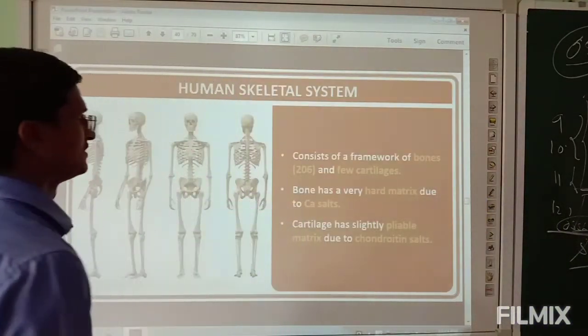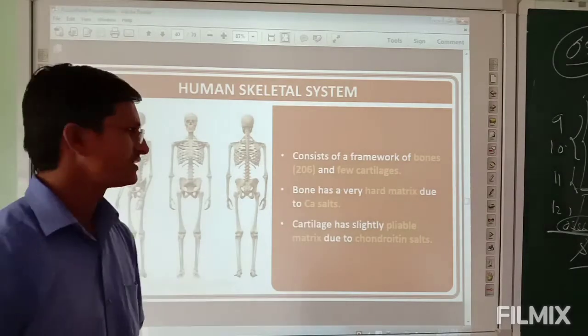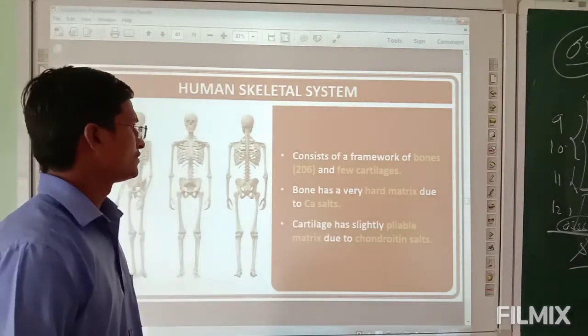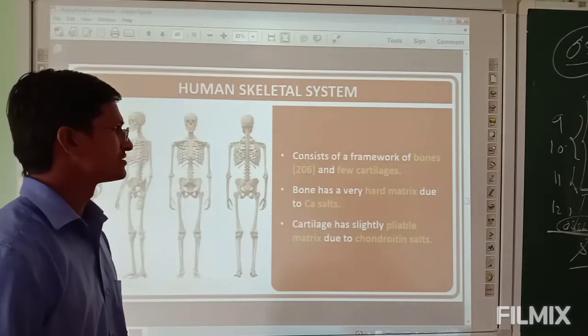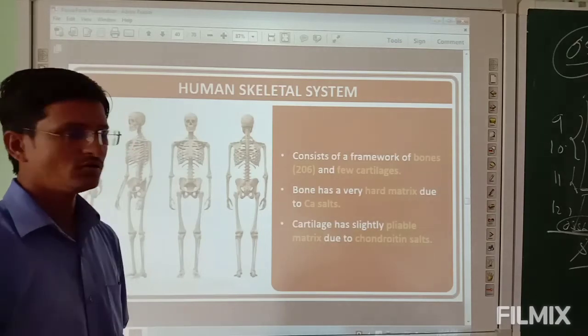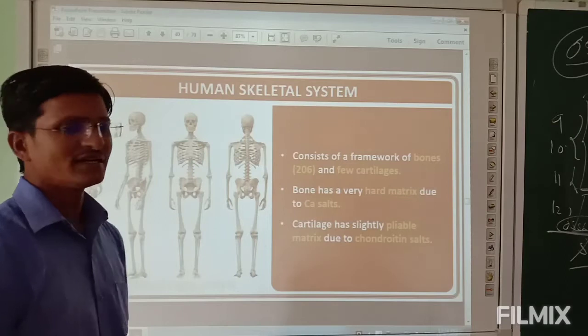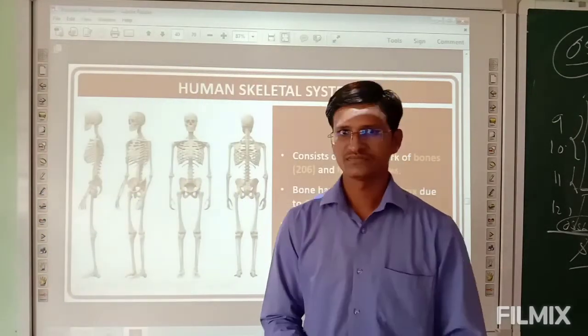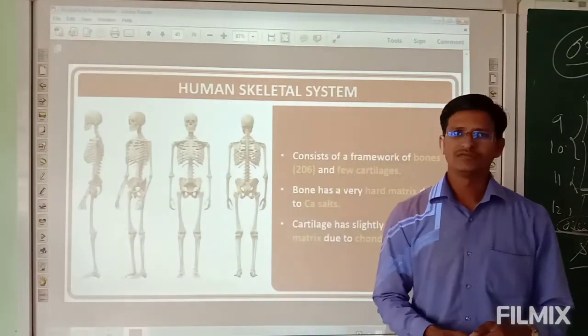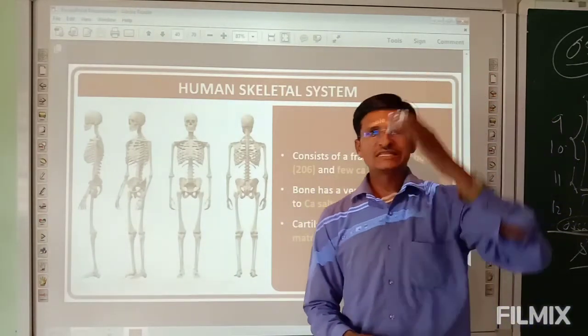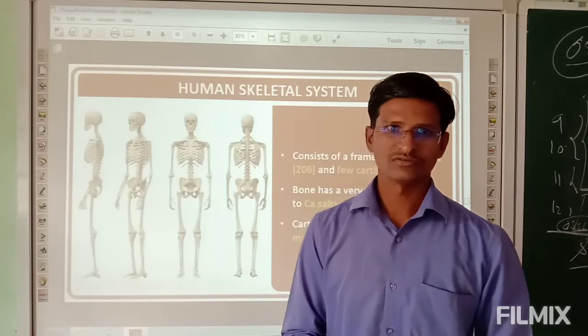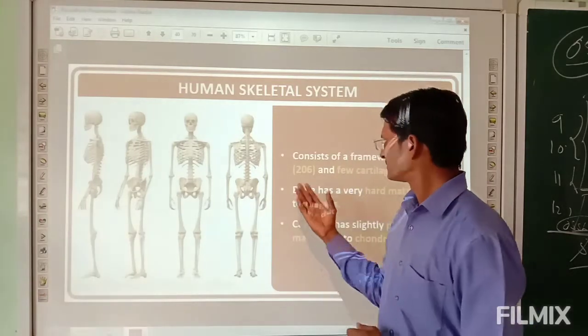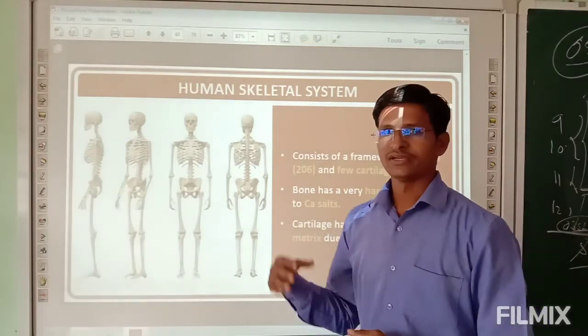So here, as we are aware, there are 206 bones that consist of a framework of bones and a few cartilages. And as you know, when a newborn baby is born, whether it is a boy or girl, it contains 300 bones, and after that it reduces to 206 bones at the adult stage.